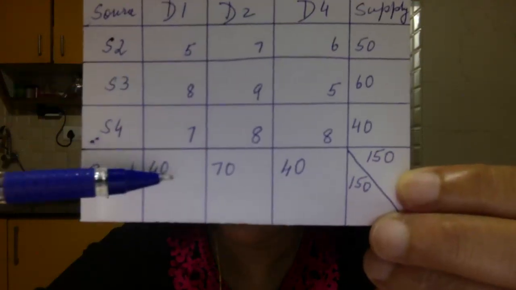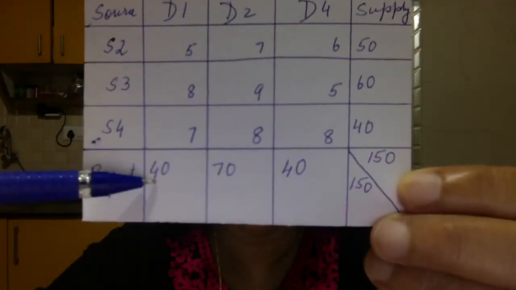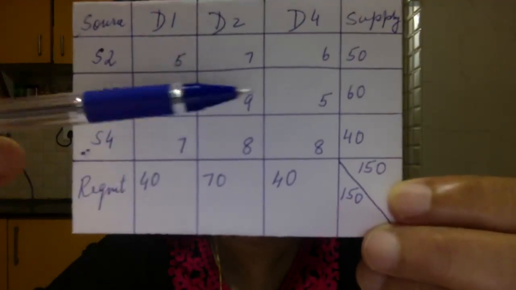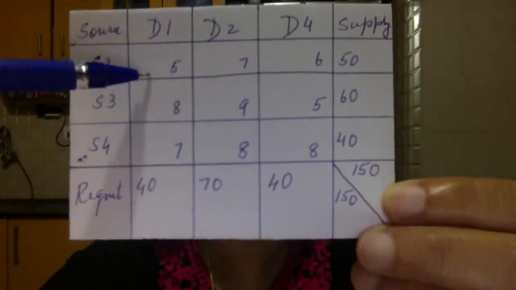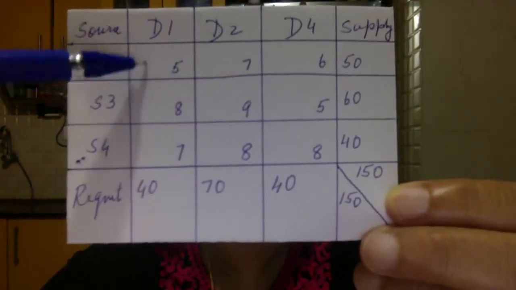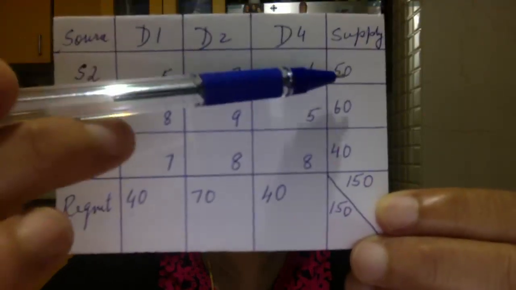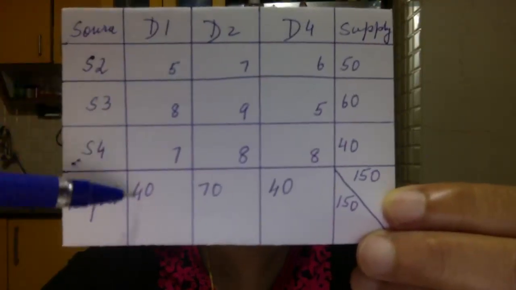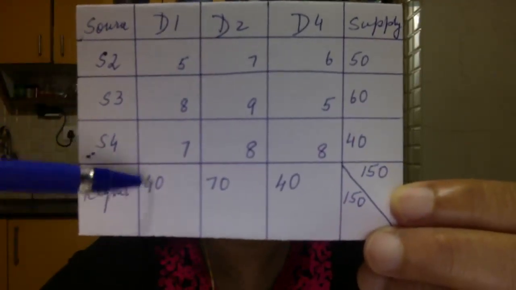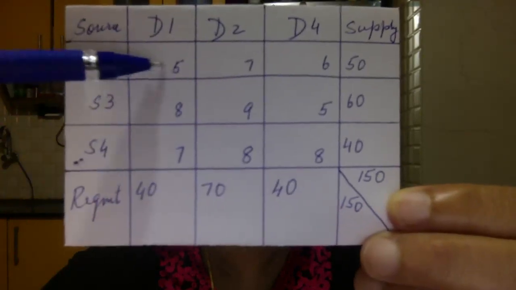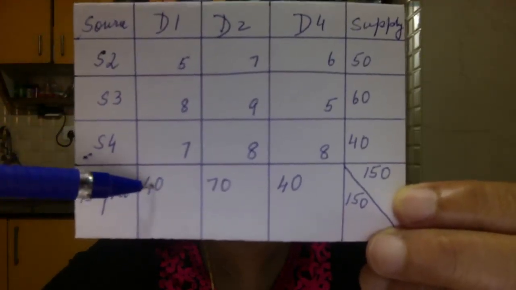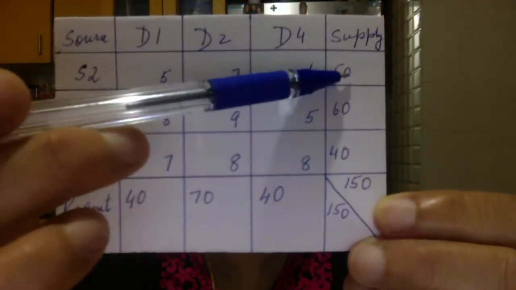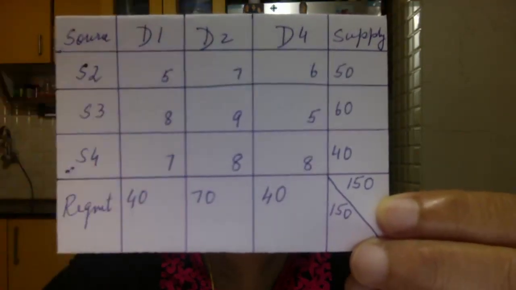Now look at the requirement here, 40, and there is 50 here. I am allotting to this 5, this cell. There is 50 here and 40 is the requirement. Now I'm going to give 40 in this cell, make this 0, and I'm going to cut the supply and make it 10.